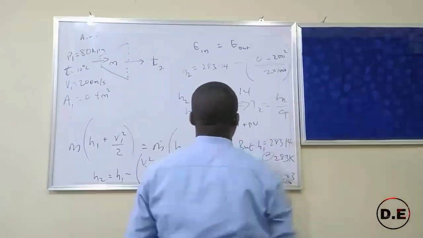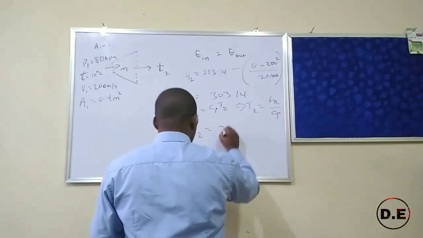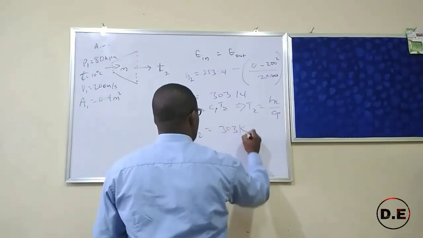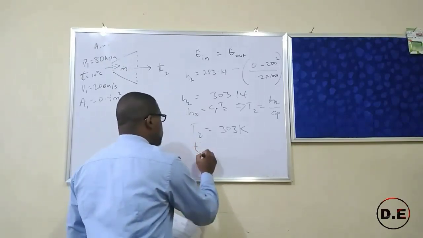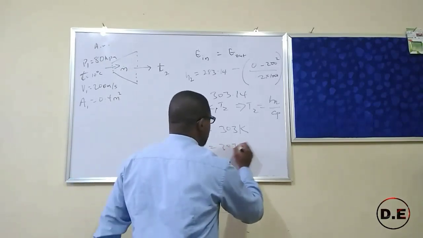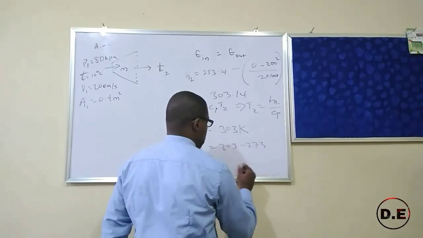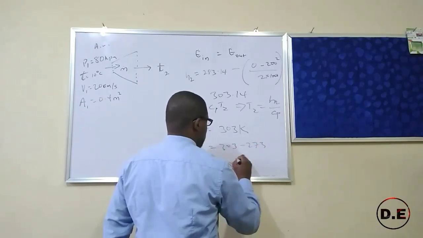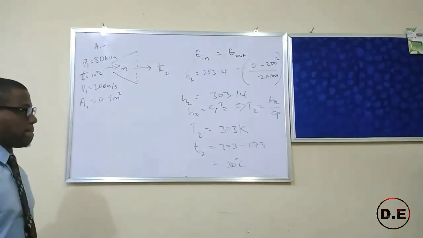And therefore T2 is equal to 303 Kelvin. Now, small t2 is equal to 303 minus 273, and that is 30 degrees. Okay.